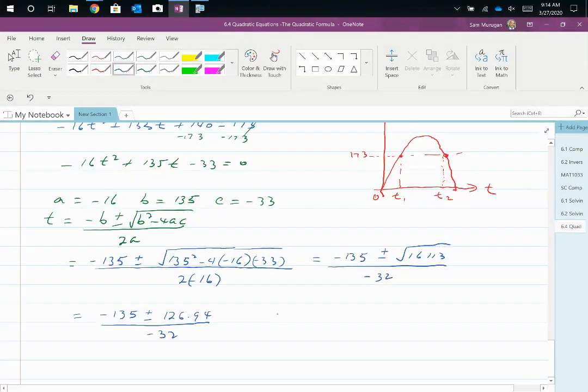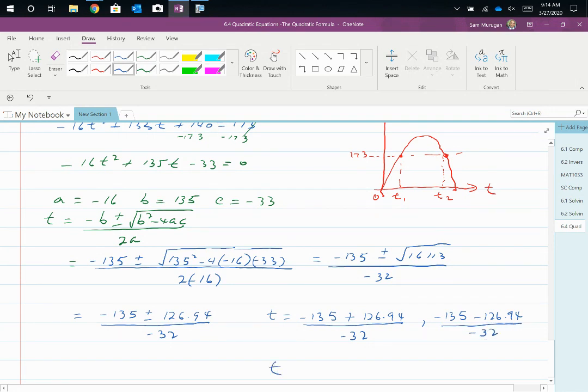So my two solutions for time are negative 135 plus 126.94 divided by negative 32, and negative 135 minus 126.94 divided by negative 32.